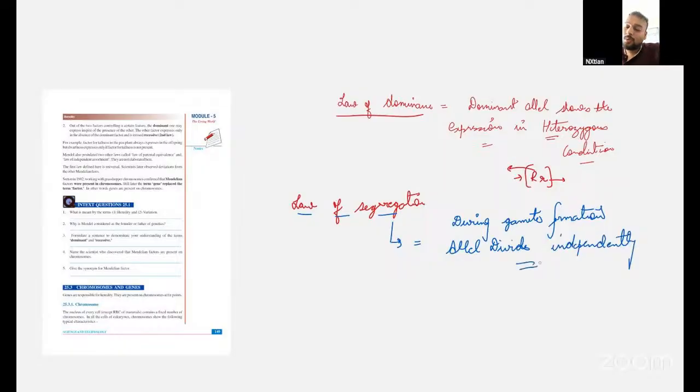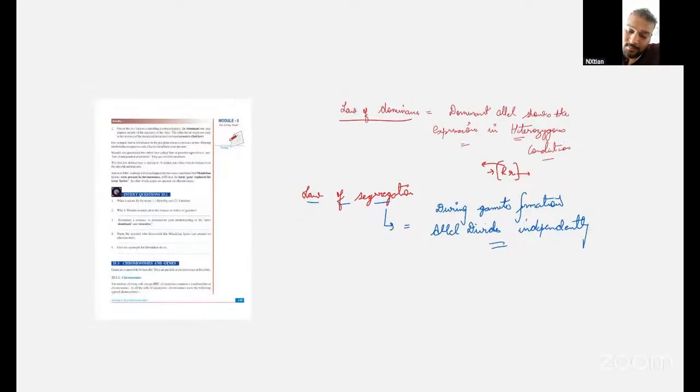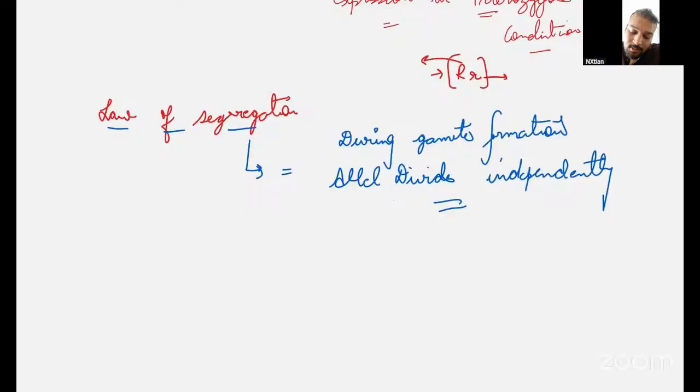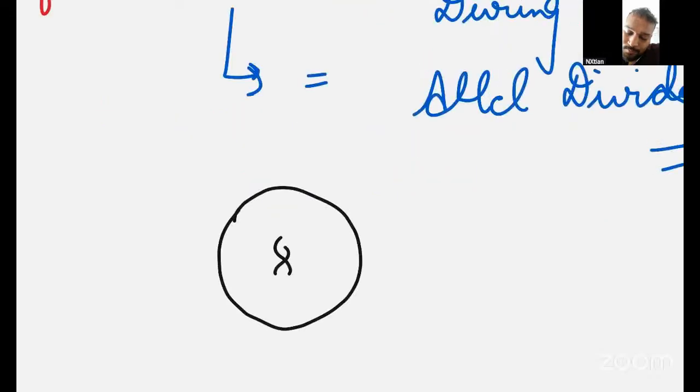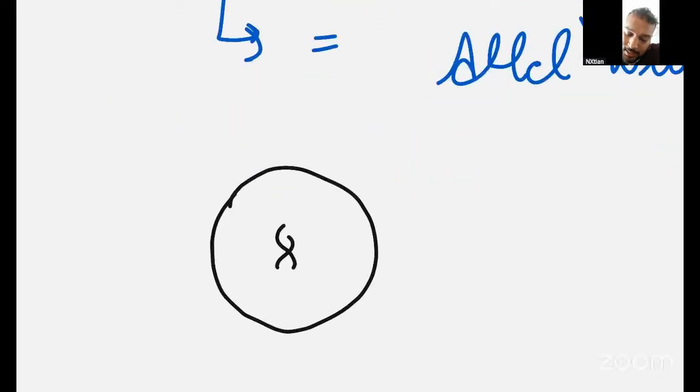Everyone, please pay attention. I will let you understand this. For example, we have this circle, which is a cell, and the cell has chromosomes. Each chromosome has one allele in it, for example, capital T and small t.